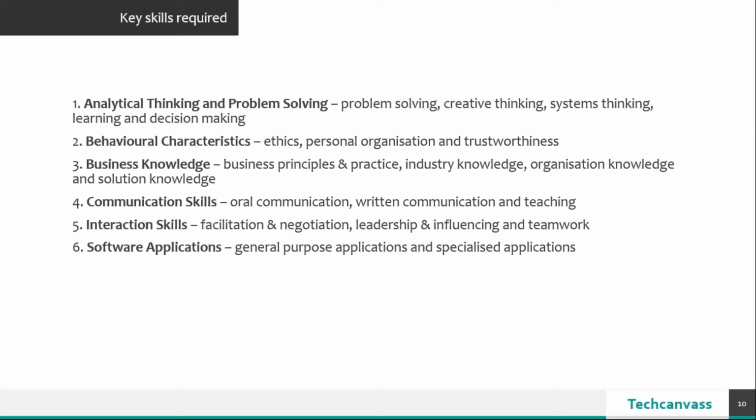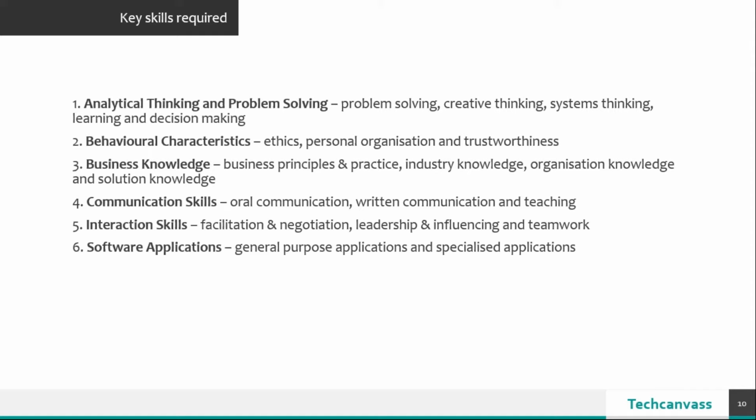Unless you have that bonding and trustworthiness created with your customers, it will not work. So it's very important that you maintain a lot of transparency, have proper collaboration with your customer, and have that trustworthiness with your customer and your team, so that the customer trusts you with the solution that you provide. These are soft skills that are essential for any business analyst to have.